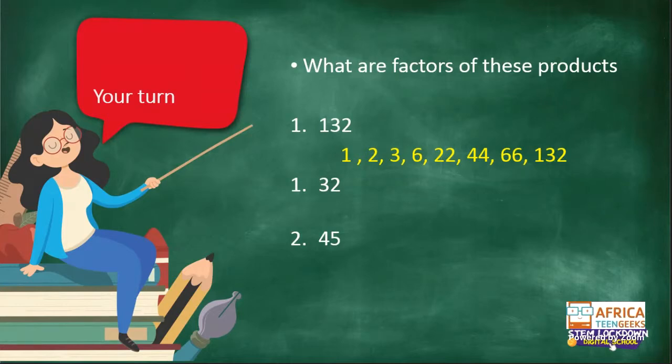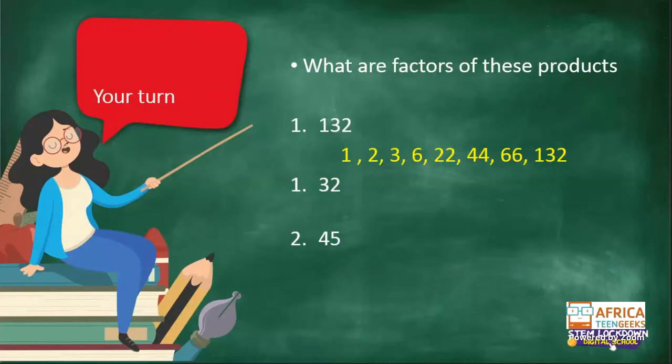And the third one is 3, because when you multiply 3 by 44, you have 132. And then the other one is 6, and we multiply 6 by 22. The answer will be 132. So we have 1, 2, 3, 6, 22, 44, 66, and 132 as the factors of the first product.